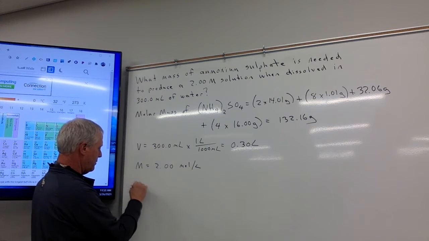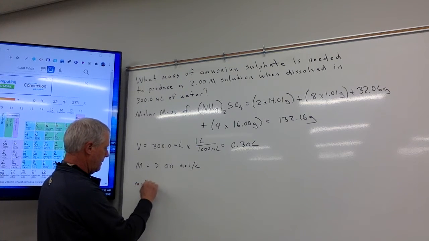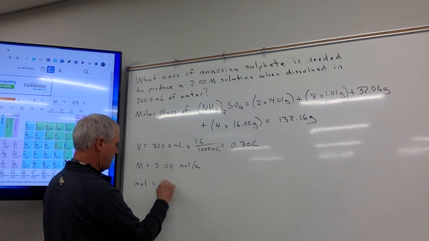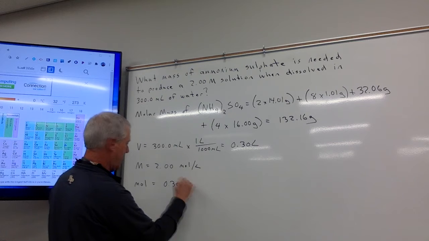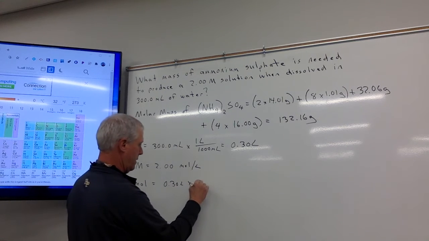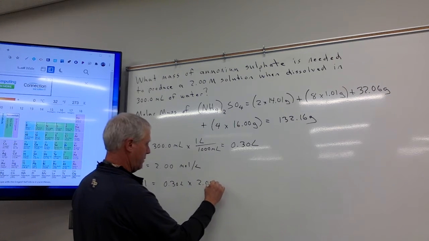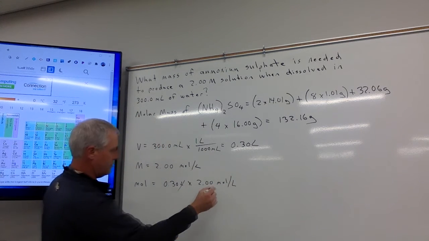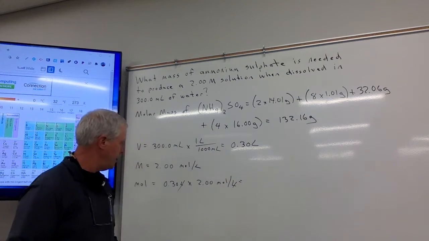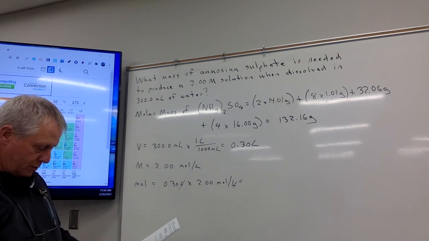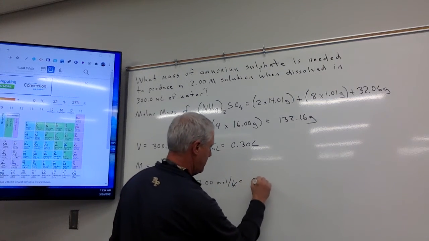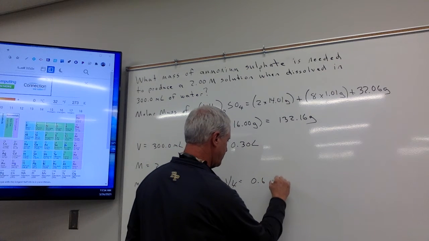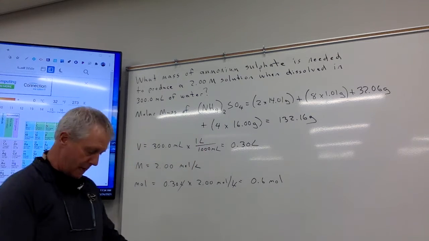So let's find the moles by taking the volume, 0.30 liters, times the molarity value, 2.00 moles per liter. And you'll notice our liters will cancel here, our units will. And so 0.3 times 2 is 0.6 moles. Okay, so that's how many moles we have.